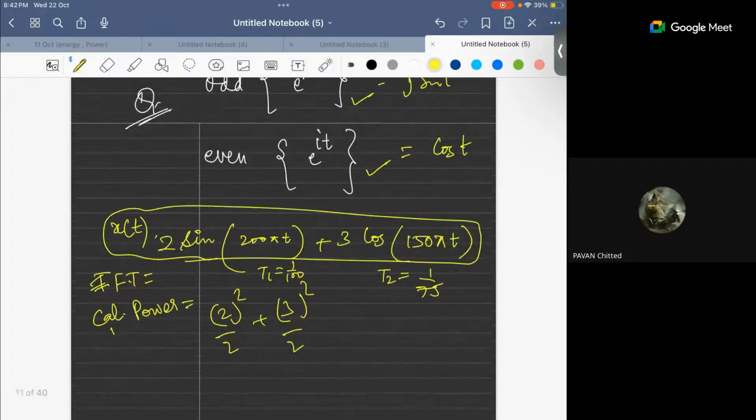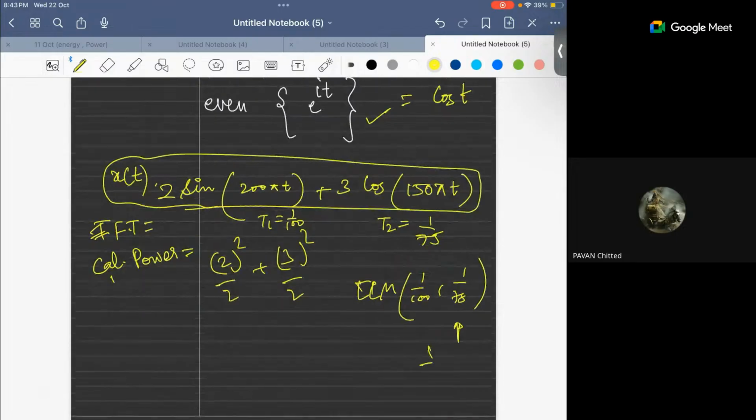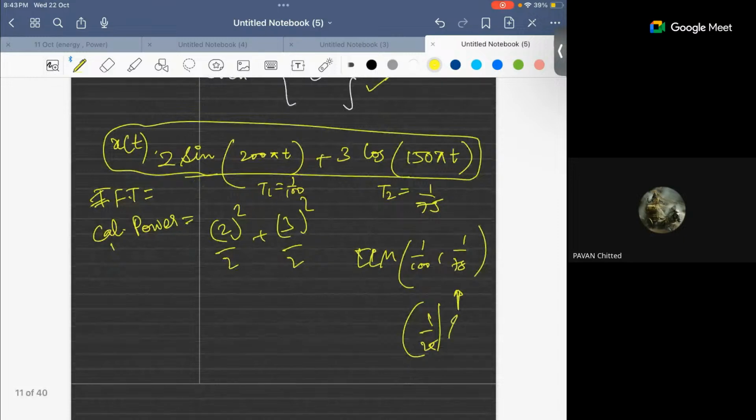So you'll get a rational number, correct? T1 by T2 will be some 0.75. That is rational. And then you can calculate the time period, right? LCM of 1 upon 100 and 1 upon 75 will be 1 upon 25. So 1 upon 25 second.